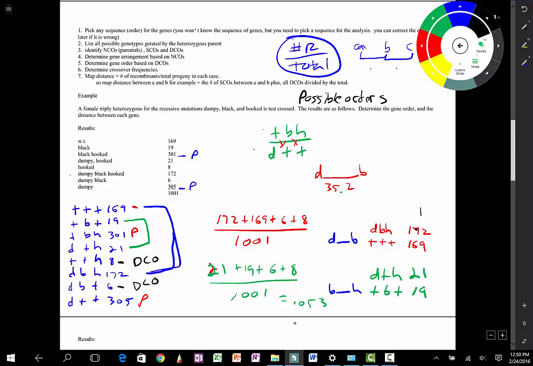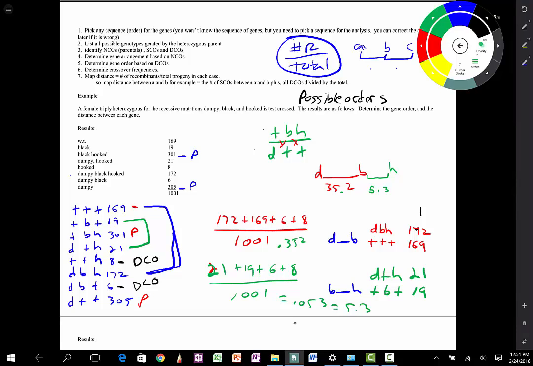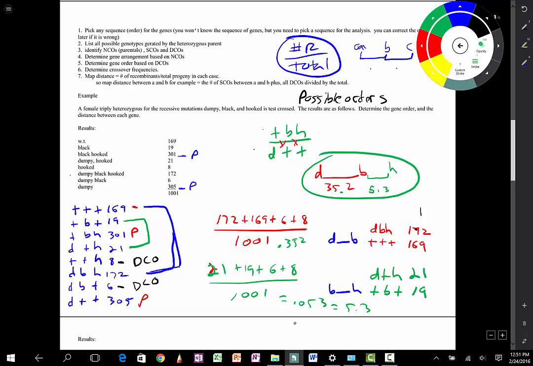And so this is 5.3%. So the distance between B and H, or B and hooked, is 0.53. So that's the map between those guys. Oh, it's kind of a long haul to do all that, but it works, and you come up with a map, and it's somewhat useful.